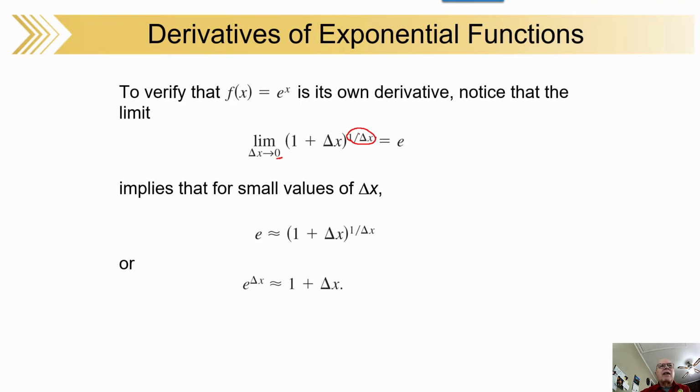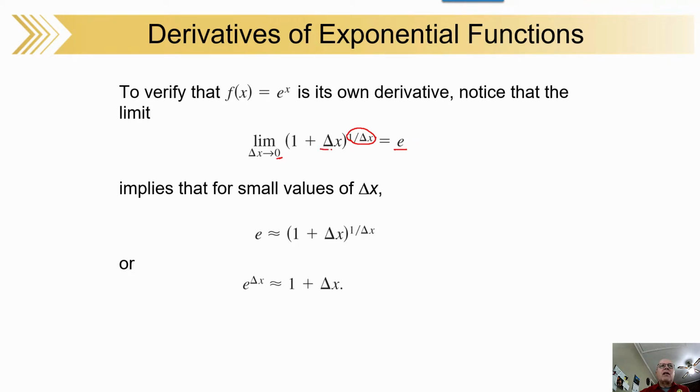So if this is getting very small, then this 1 over delta x is getting very big. So you've got something just a hair over 1 taken to a power that's getting very, very, very big. But the two sort of balance out each other, and we end up with a constant.